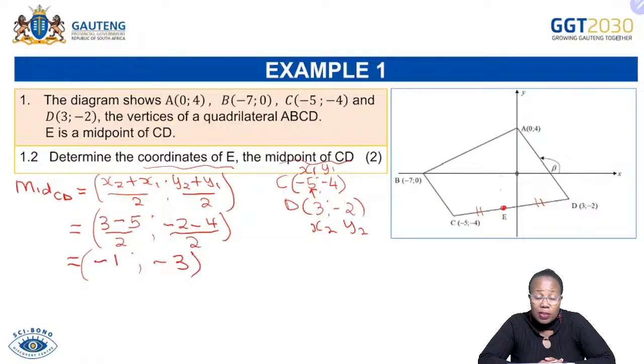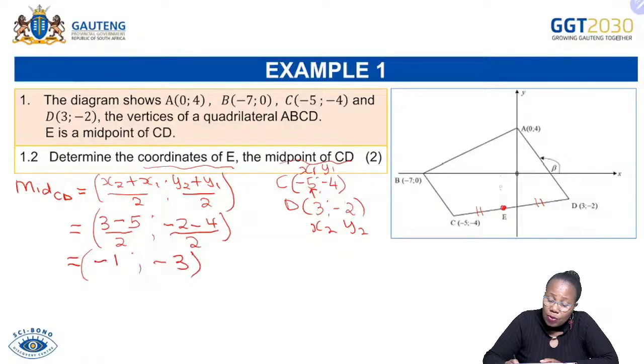That is 100% correct according to this. That means this is -1, and then somewhere here you are having a -3. Can you see it is between -2 and -4? That means your accuracy is 100% correct, grade 12. So that is 2 marks, 1 mark for substitution, 1 mark for the correct coordinate simplified.